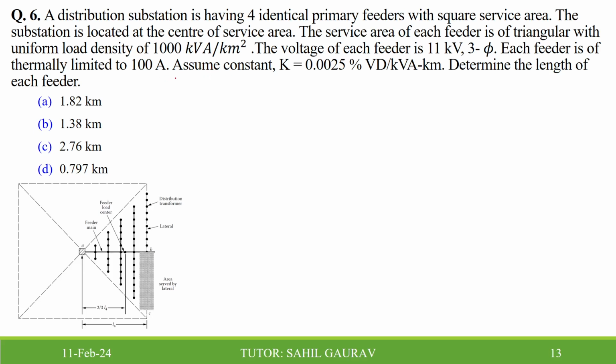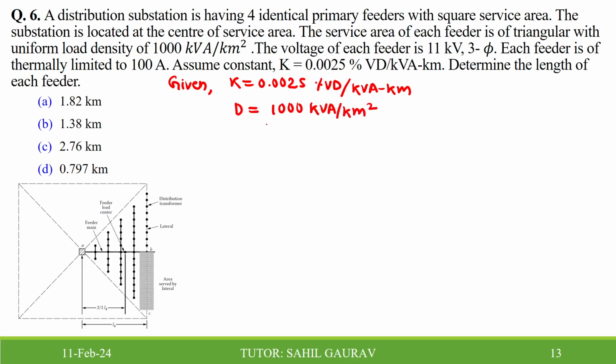So I think all the data are given and we have to just fill in the percentage voltage drop. Given things are K equal to 0.0025 percentage voltage drop per kVA kilometer, and D is given as 1000 kVA per kilometer square. And for a triangular service area, we know that the effective length is 2 by 3 of Ln.